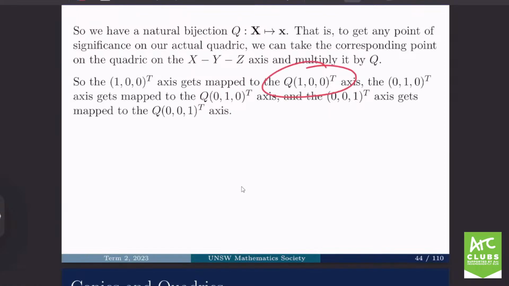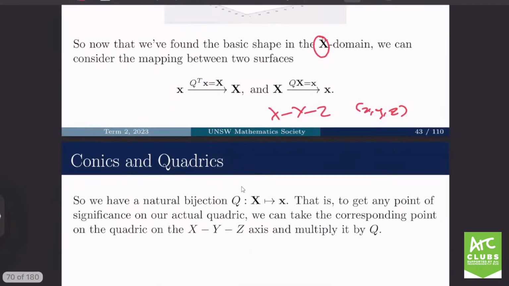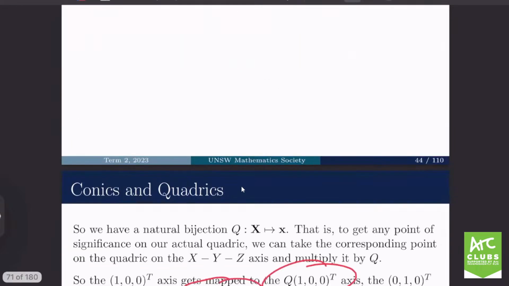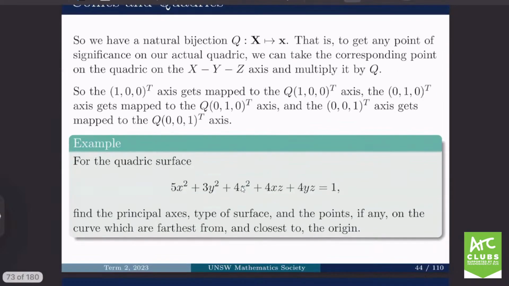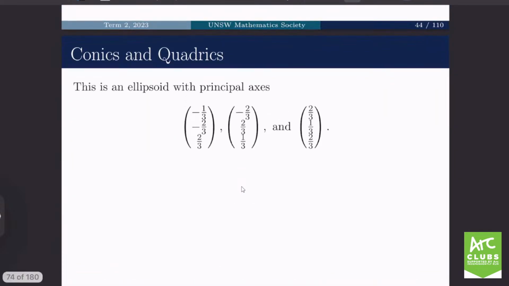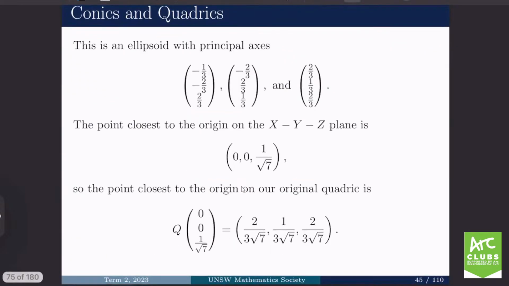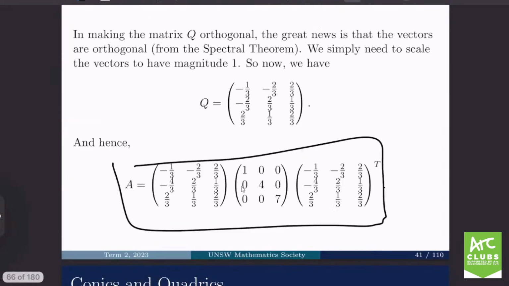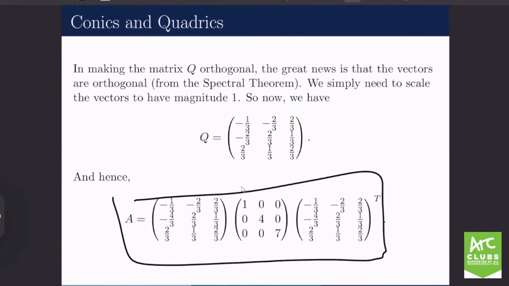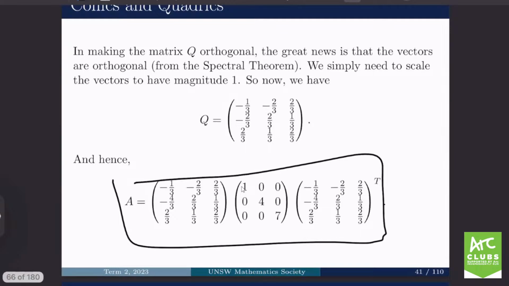The (0, 1, 0) axis here becomes this axis, and the (0, 0, 1) becomes this axis. In other words, just by multiplying by Q. The reason why is because to go from our capital X coordinates to our lowercase x coordinates, we multiply by Q. And so therefore we can say, in order to find the principal axes, which is one of our goals, all we need to look at is the eigenvectors, because they remain constant under the transformation.